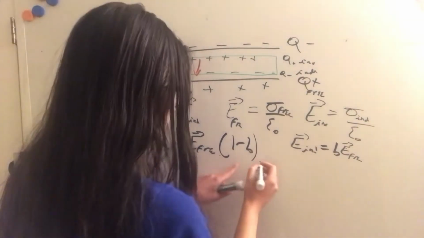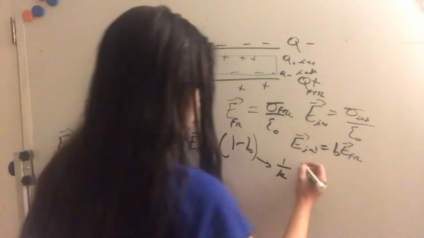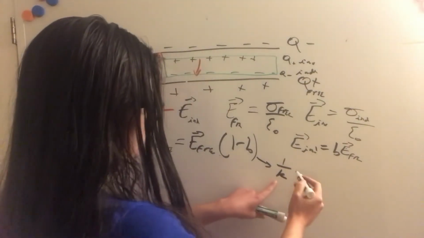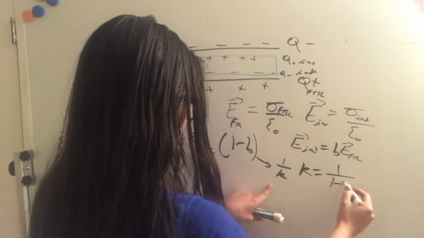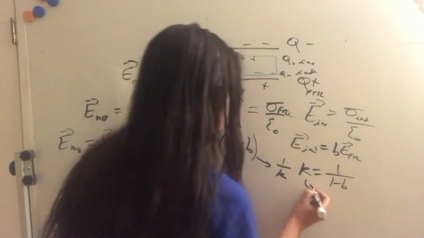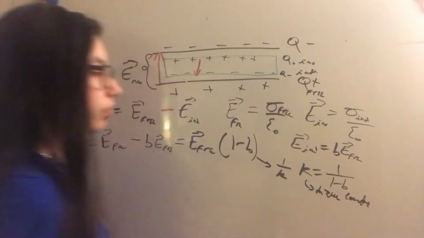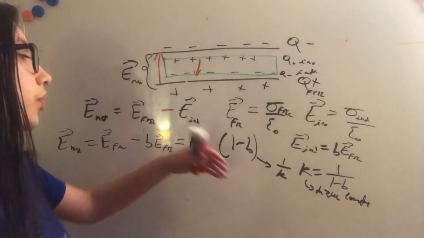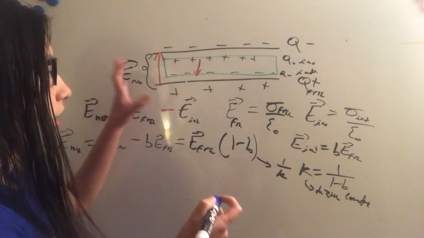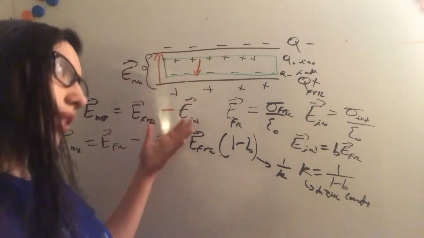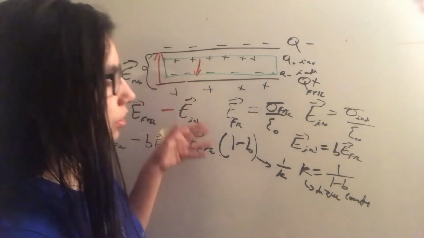Now this could be called 1 over K, or you can think of K as being 1 over 1 minus B. K is the dielectric constant. It's a measure of how strong the capacitance would be, which then leads to an increase in the energy that could be stored.